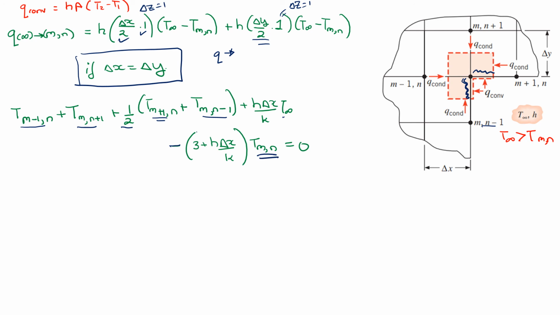So even here our node of interest is associated with a negative sign, but the coefficient for T of m comma n is not 4, it's a different value which has contribution through convection as well. And now the temperatures that are contributing to the temperature of m comma n are the four neighboring temperatures plus the temperature of the surrounding air. So we have five temperatures that are contributing to the temperature of m comma n.